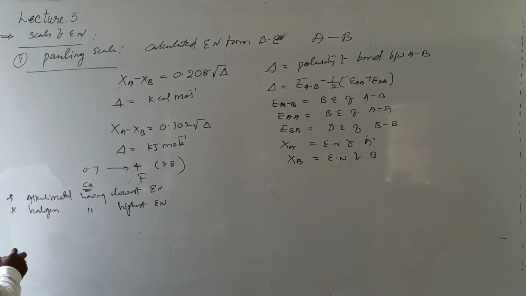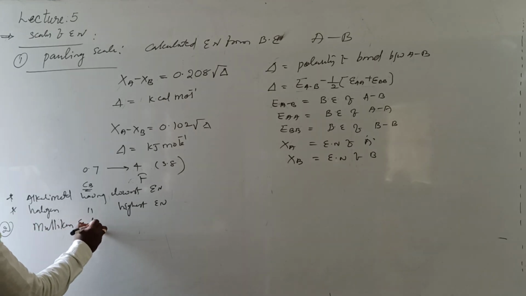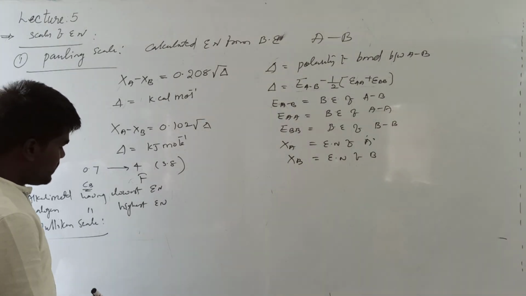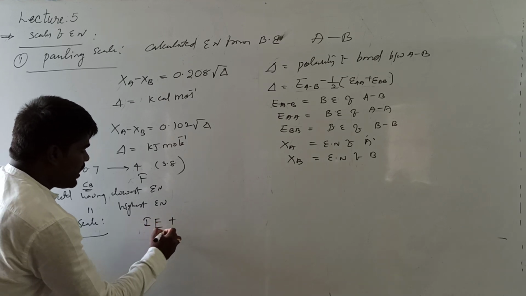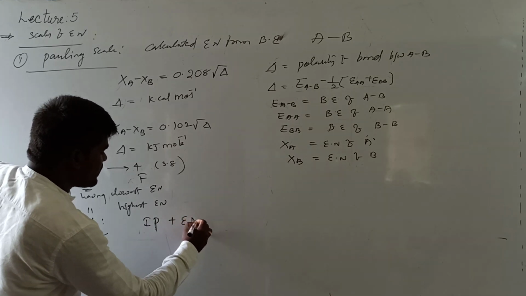Right? Now, if you are talking about the second scale, which is called the Mulliken scale, Mulliken calculated the electronegativity from the ionization energy, that is ionization potential, and electron affinity.